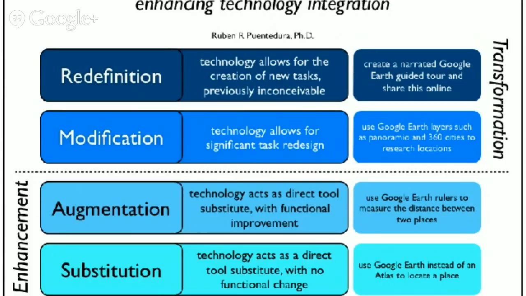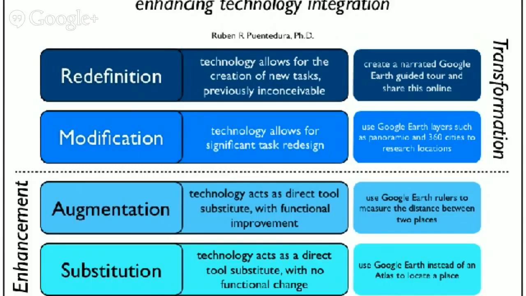In the augmentation section, we're actually using technology as a complete substitute, and we're also making a functional improvement. The example here says that we use Google Earth rulers to measure the distance between two places instead of using maybe a technology ruler if we're using Smart Notebook software or some other tools.